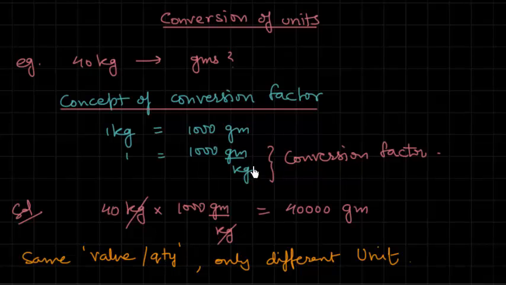The denominator cancels out and we get the new unit we want. It's important to note that only the units are changed. The quantity and the value are the same. For example, 20 elephants can be written as 0.2 hecto-elephants, but it is still 20 elephants. The number of elephants is not changing, only the unit is changing.